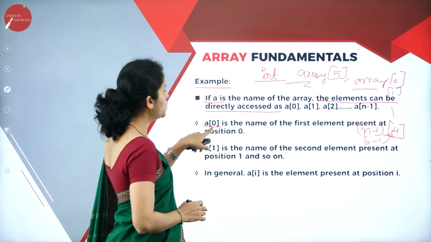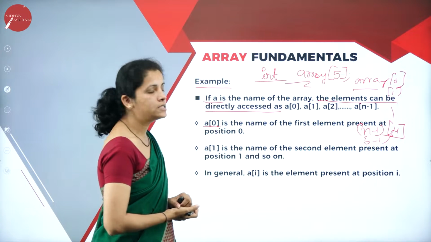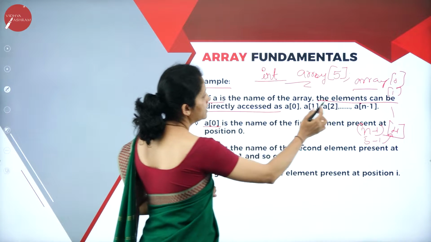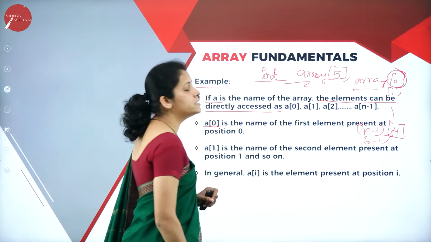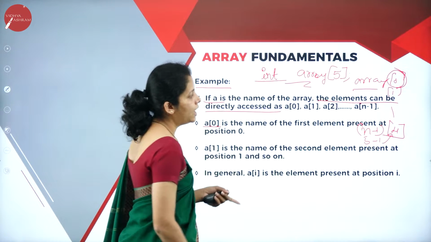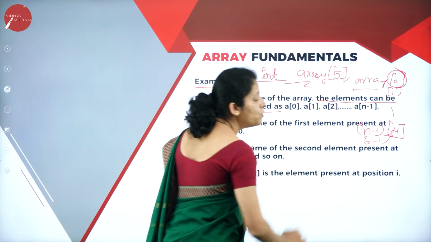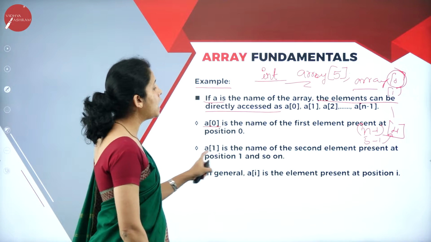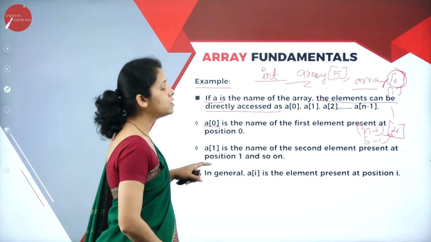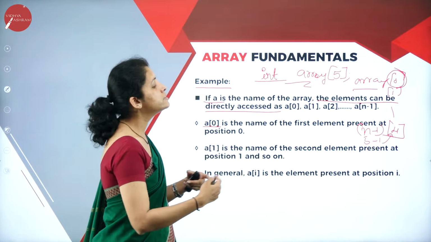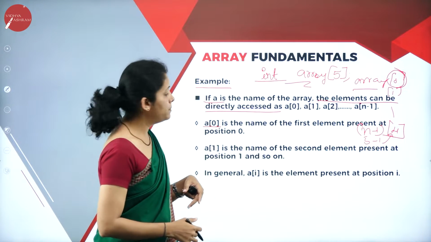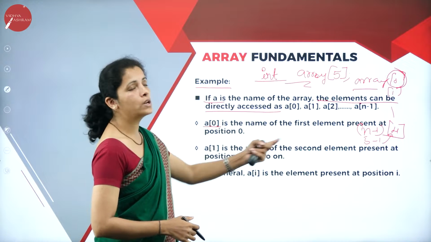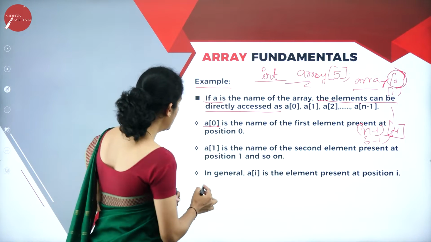Array 0 is the name of the first element, and array 4 is the last element. Array of 1 is the second element, array of 2 is the third element, and array of 4 is the last element.